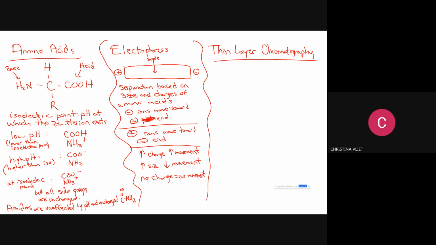And so thin layer chromatography, the first thing you need to know for all types of chromatography is there's a stationary phase and there's a mobile phase. The stationary phase is the phase that's not moving, and the mobile phase is the phase that's moving. And so for thin layer chromatography, your stationary phase is some kind of solid that's on your column.